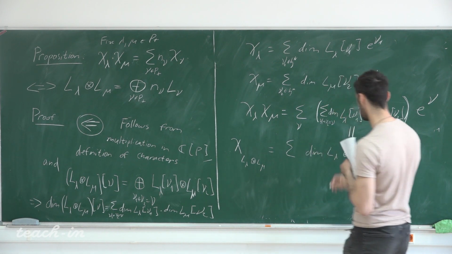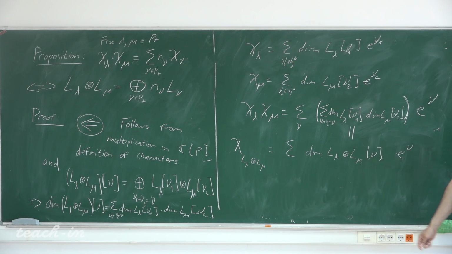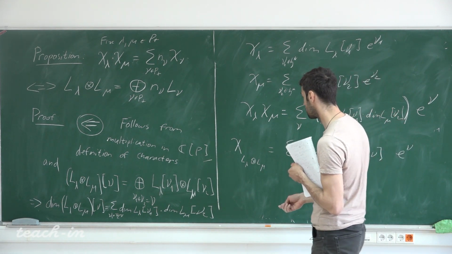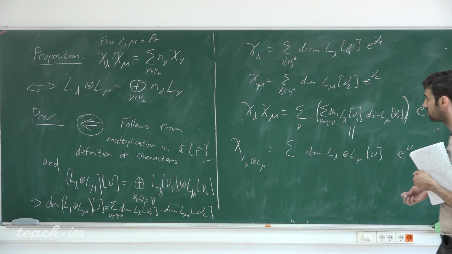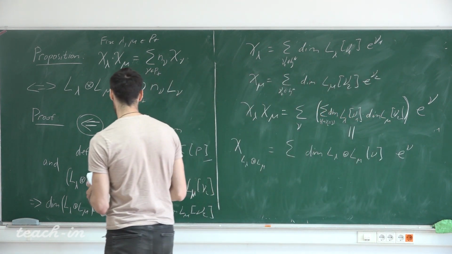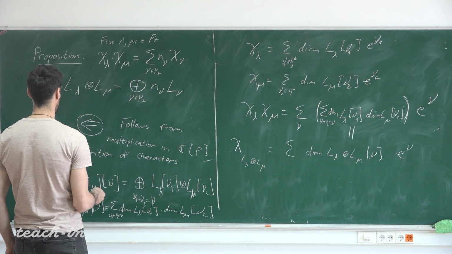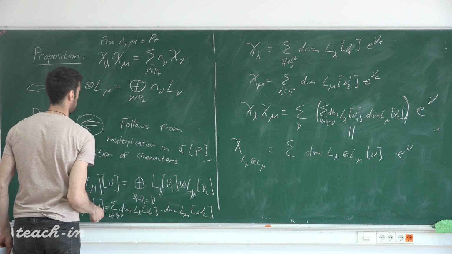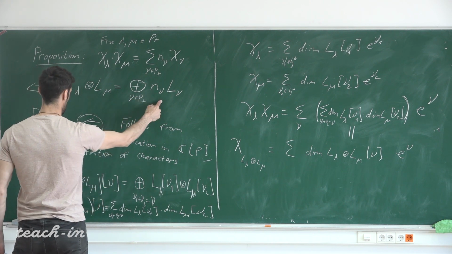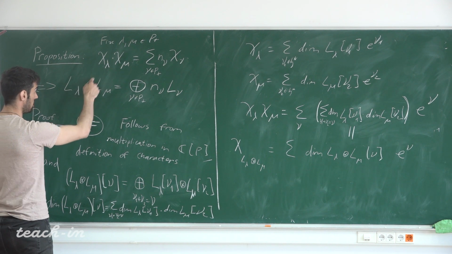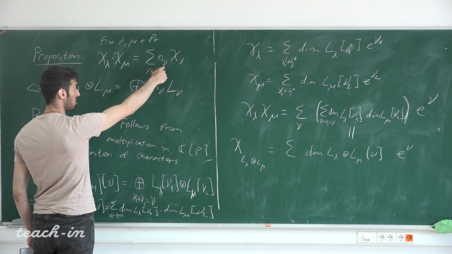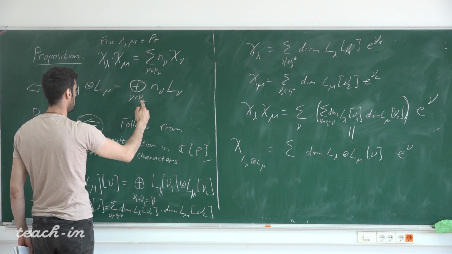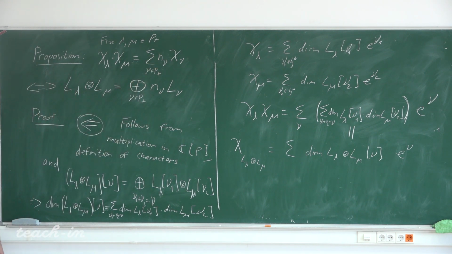And we check that this equals this, just term-wise. Therefore, if I have this decomposition, the characters of this and this coincide. Character of this is ch lambda ch mu, and character of this is the sum of n nu ch nu. So from here to here we are done.